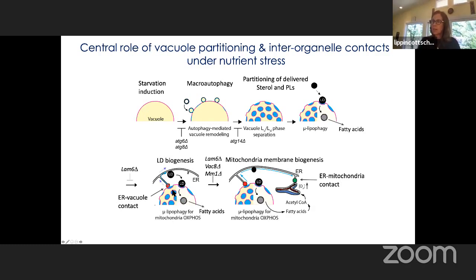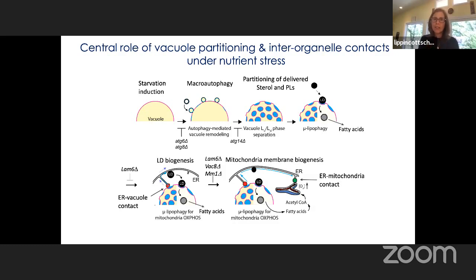Those lipids partition, and now you have a pipeline to funnel some of these lipids back into the ER to make more lipid droplets, to allow the cell to begin to eat these lipid droplets, delivering these high carbon chain components to the mitochondria. Now, one of the things that we found is mitochondria actually proliferate under acute glucose restriction.